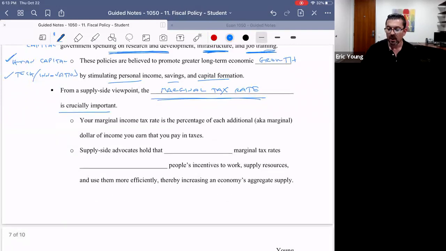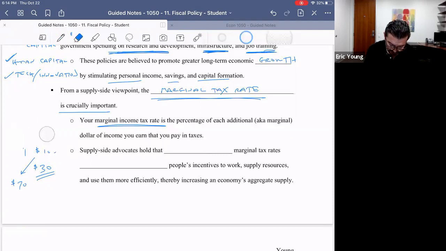In tax theory, your marginal income tax rate is the percentage of each additional or marginal dollar of income that you earn that is paid in taxes. So if, for example, you have a marginal tax rate of 30%, if you earn an additional $100 of income, 30% of that additional income is taxed, so $30, which implies that even though you earned 100, you only kept 70.